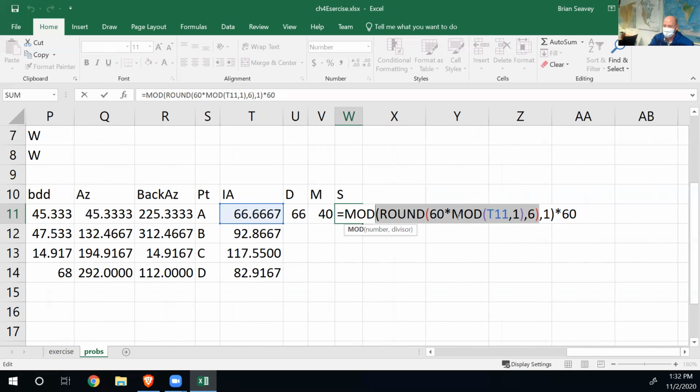Then I take the modulus of it and multiply it by 60 again. So effectively you're multiplying by 3600, but before you multiply by that second 60, you have to take out the whole number part.